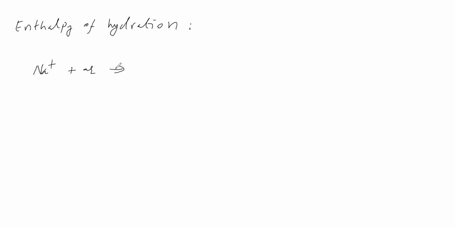The sodium ion goes for hydration. Therefore, we will write Na plus aqueous. It is called a hydrated sodium ion. For this case, what is the amount of heat involved? That is called enthalpy of hydration. Enthalpy of hydration we will say, or enthalpy of solvation we will say.